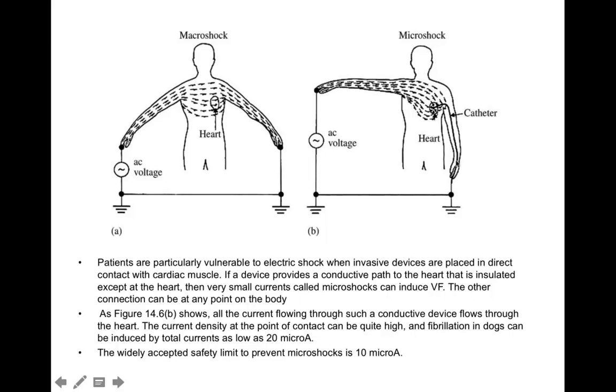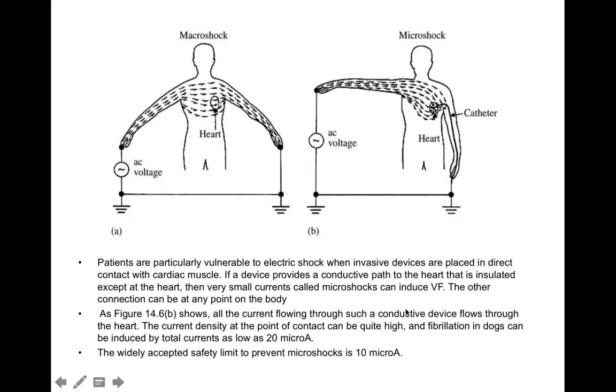It's insulated because the catheter is passed through an insulating material, so there's no current that flows anywhere until you get right to the heart. So in this case, because all of the current is making it to the heart, you can have very small currents. And the very small currents are called microshocks, and these can induce ventricular fibrillation.